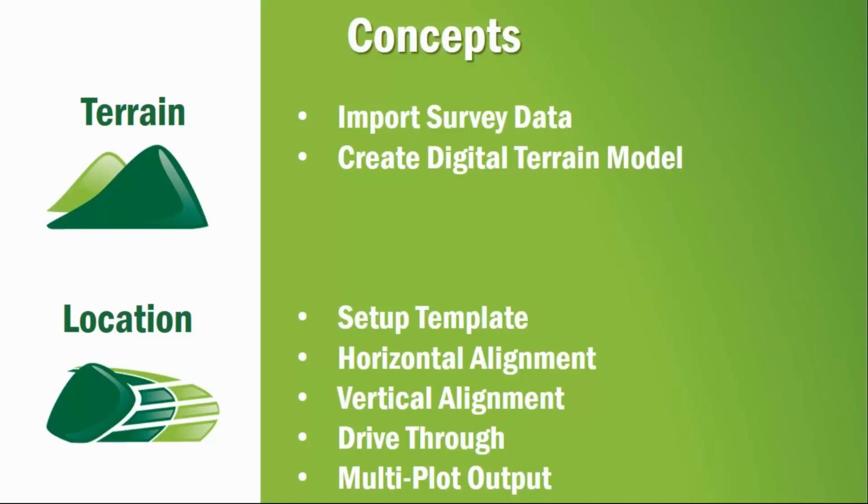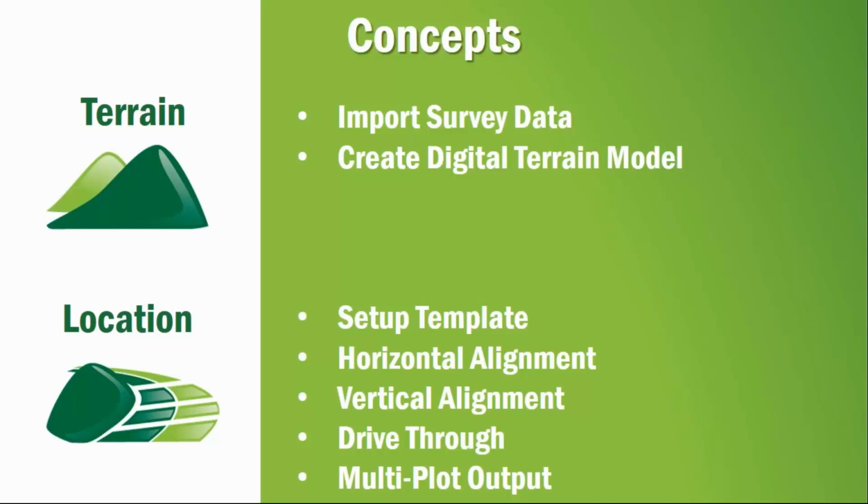Then Jack will be moving into the location module where he will be setting up a template which will allow him to view a road cross-section. Within the template area, he can create different variables for the road width, any of the slopes, after which Jack will be starting the horizontal alignment where you can work with curves, and he will be using the AASHTO standard for this webinar.